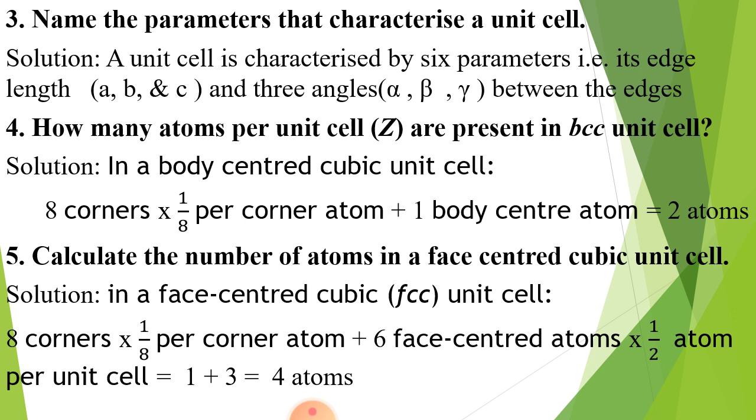Question number 4. How many atoms per unit cell, symbol is Z, are present in a BCC unit cell? Solution: BCC means body centered cubic unit cell. Look at the diagram. 8 corner atoms and 1 atom belongs to the body center. As you know, the contribution of 1 corner is 1/8.